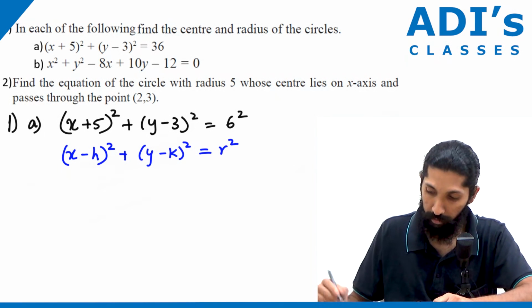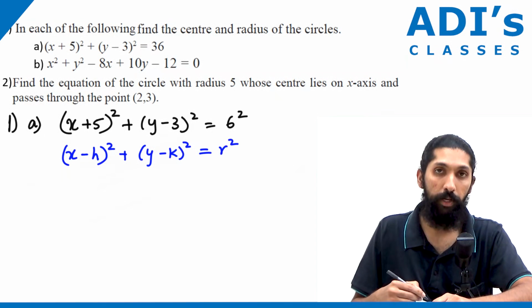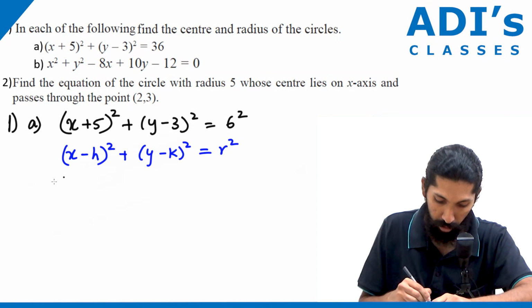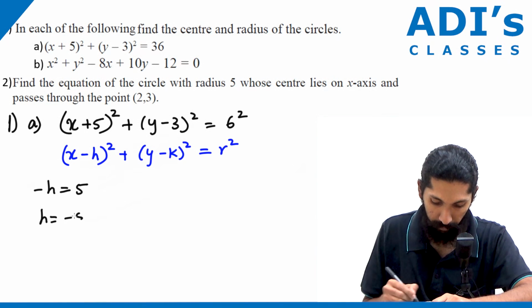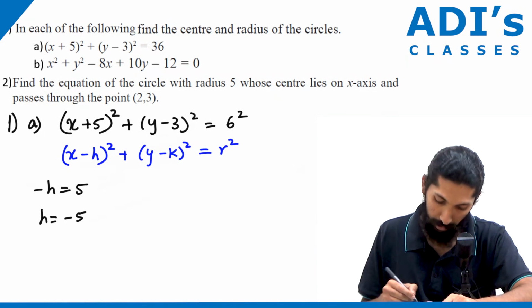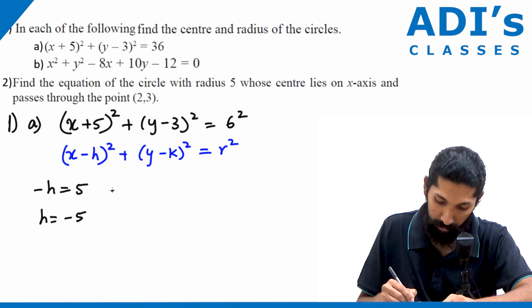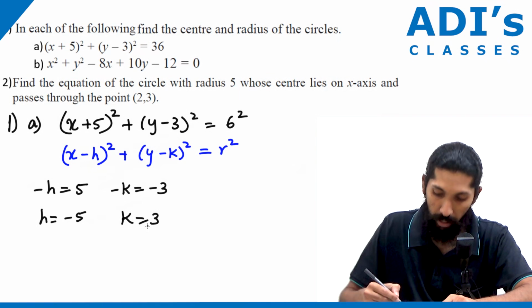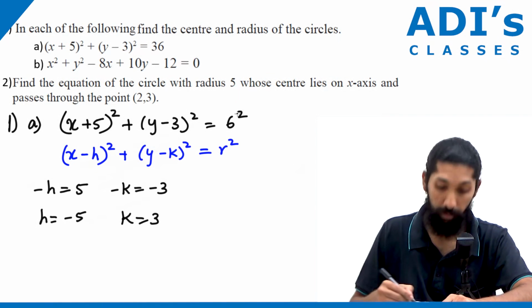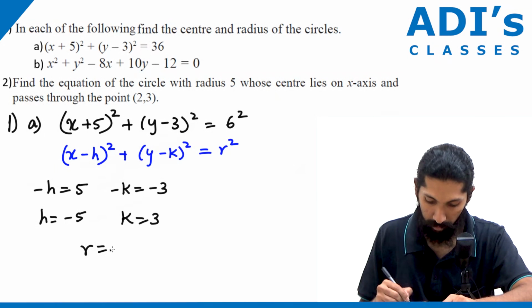Now, in this particular case, if you compare, minus h is equal to 5, or h is equal to minus 5. And for the k value, minus k is equal to minus 3, so the k value is 3. And r square is 6 square, so what do you get? The r value is 6.